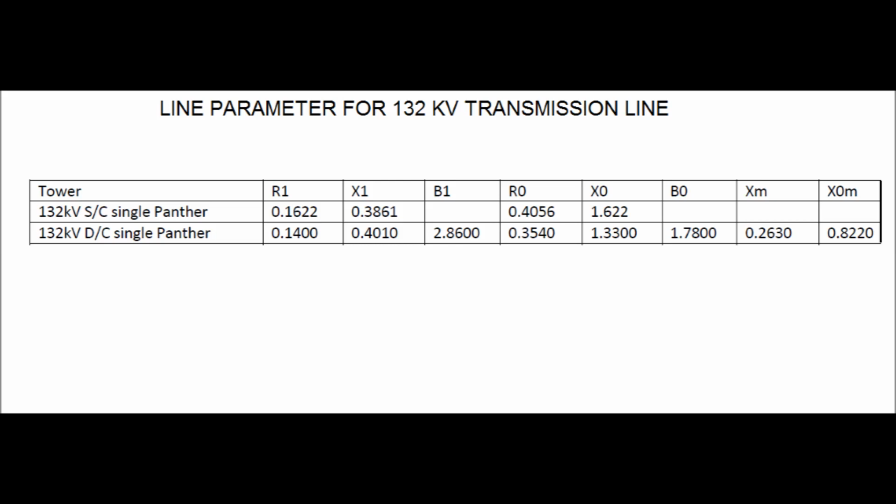Here the different parameters for a 132 kV transmission line of Panther conductor have been shown in this table. Here R1, X1, B1, R0, X0. R0 is the zero sequence resistance, X0 is the zero sequence reactance, Xm is the mutual reactance, X0m the zero sequence mutual reactance, and R1 is the positive sequence resistance, and X1 is the positive sequence reactance, as shown in this figure.